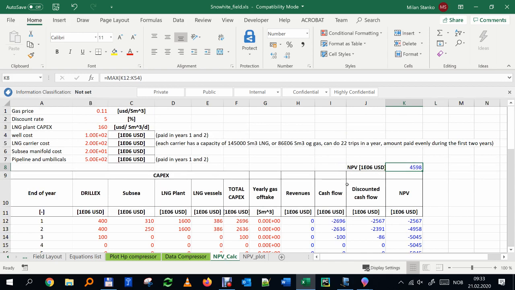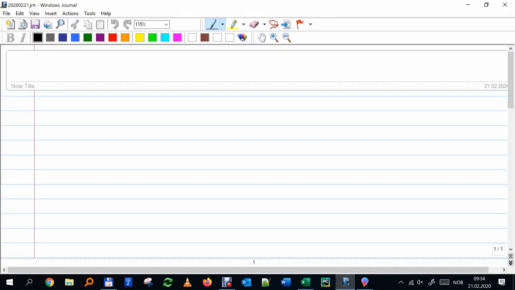Some plots that we typically make, so let's make here output to present NPV calculations. Graphically, we typically have, for example, the cash flow.